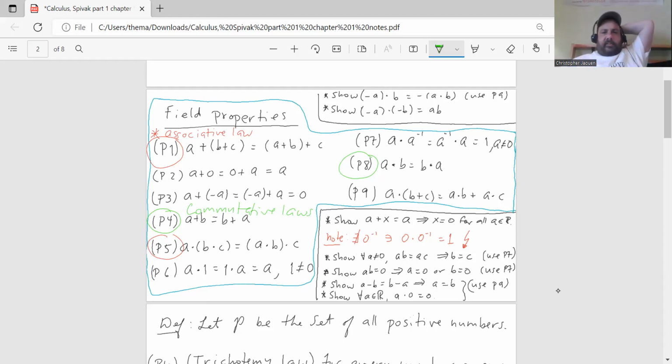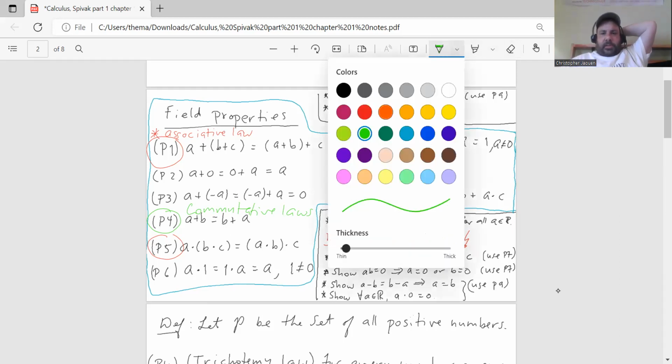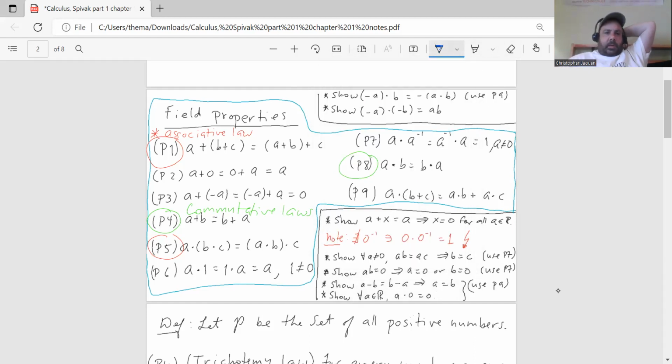All right, then you have, let's see, what color should I use next? Maybe I'll do blue. Then we have P2 and P6. These are existence of identities. Meaning 0 is called the additive identity.